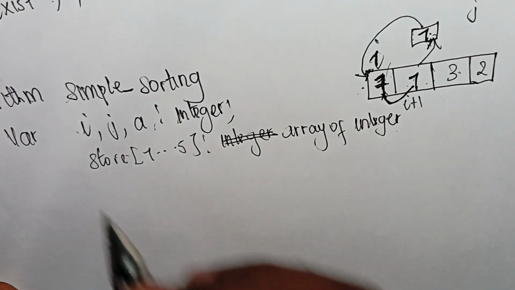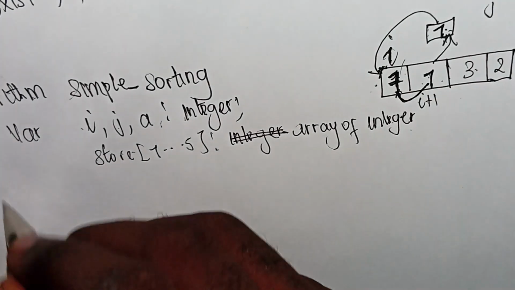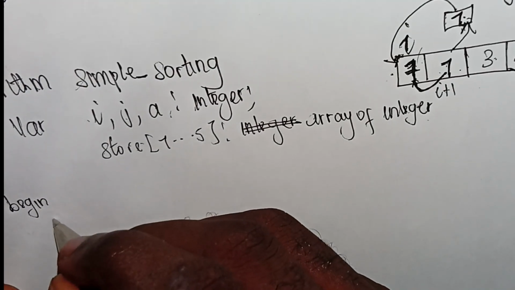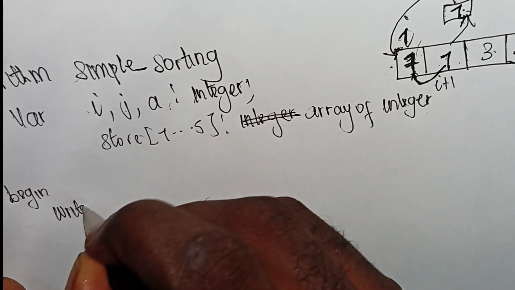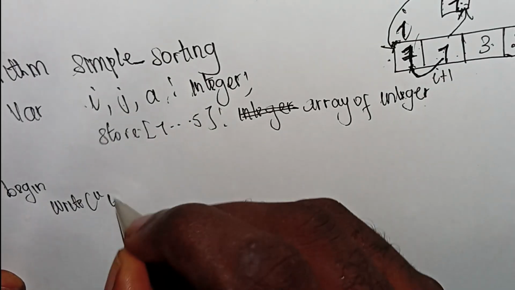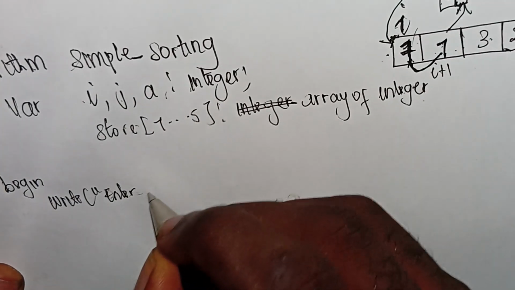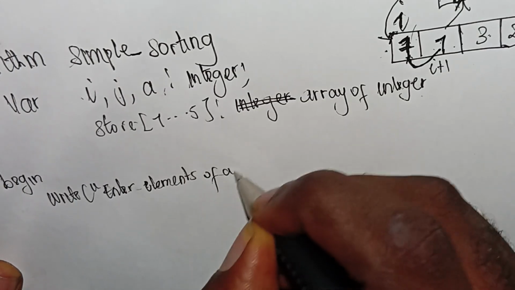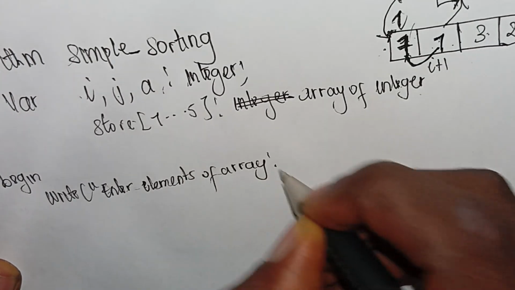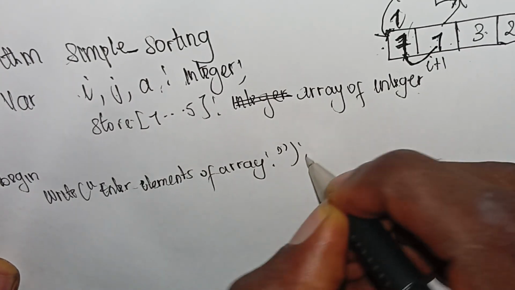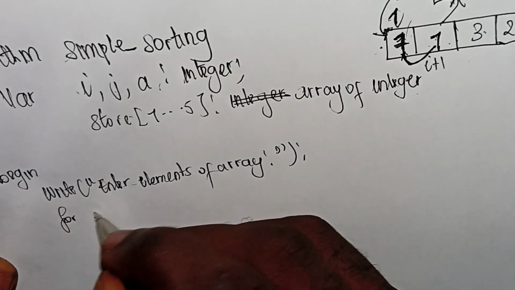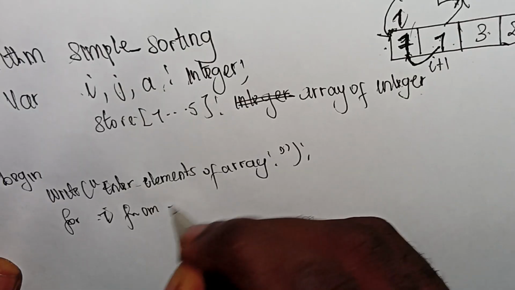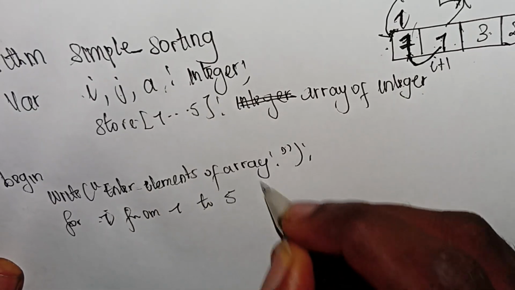Now the next thing we want to do is begin our algorithm immediately. We want to ask the user to fill in the array for us, right? And the elements of the array. And we want to use a for loop for I from 1 to 5 do.